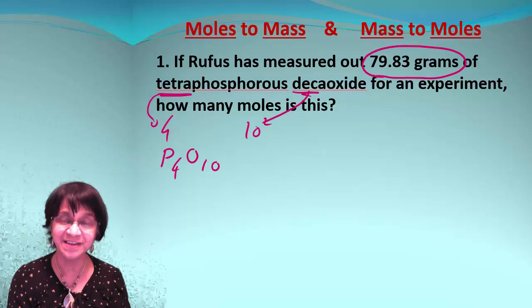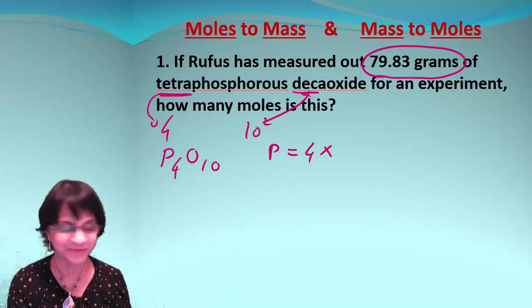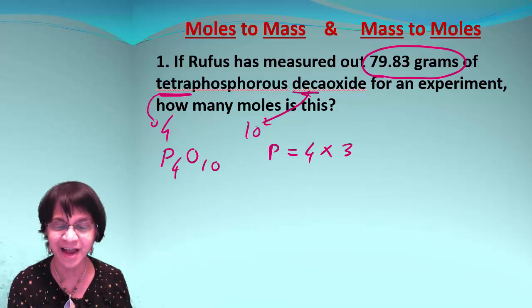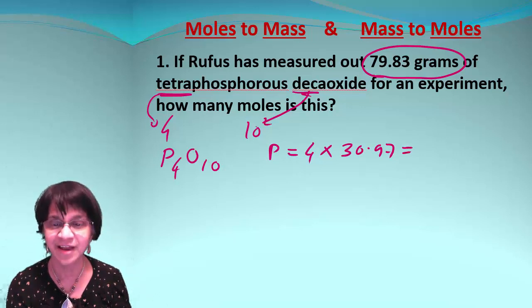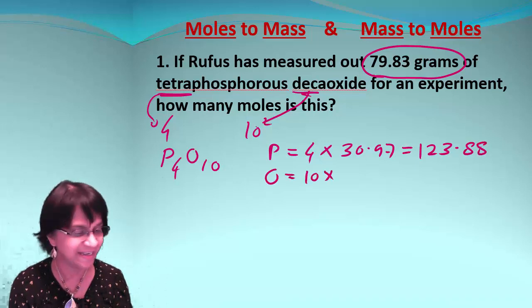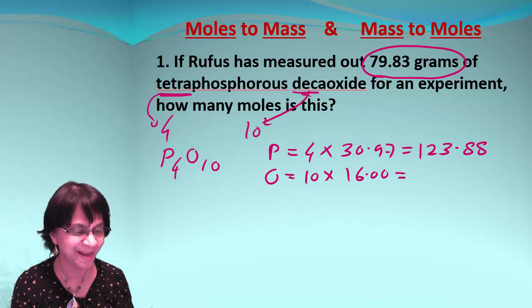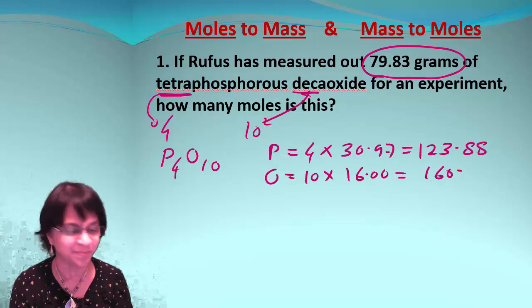Our next step is to find the molar mass for our compound. We have 4 atoms of phosphorus times the atomic mass, 30.97, and we get 123.88. And then we have oxygen, 10 atoms, each one is 16, and when you multiply that, we get 160.00.